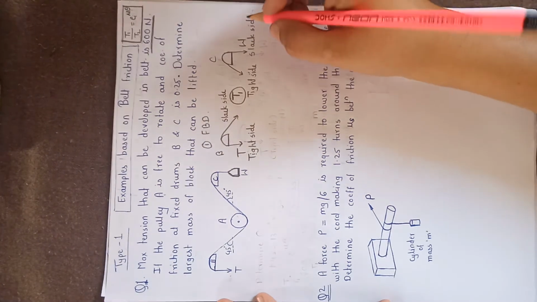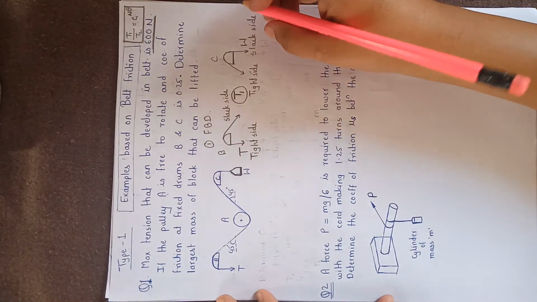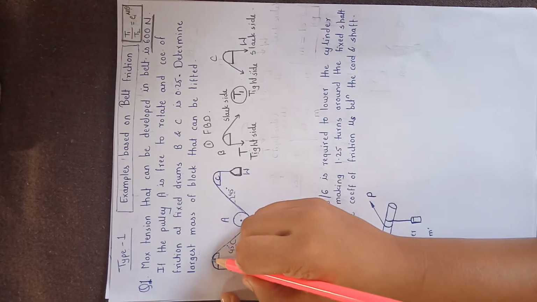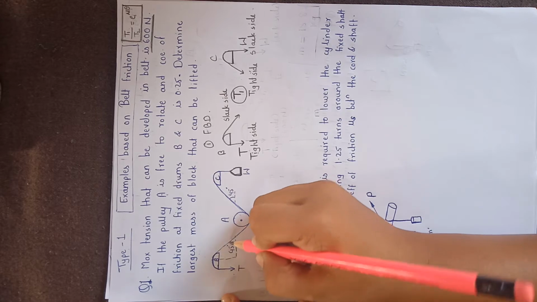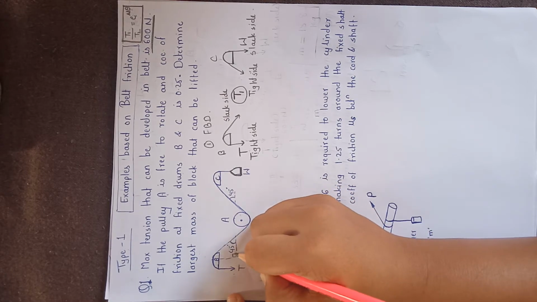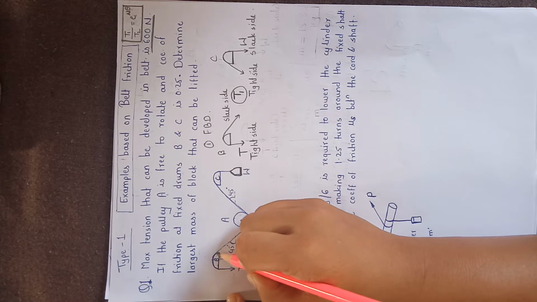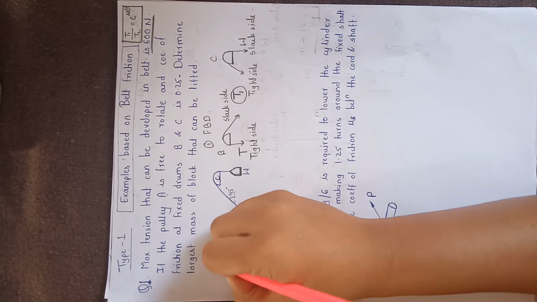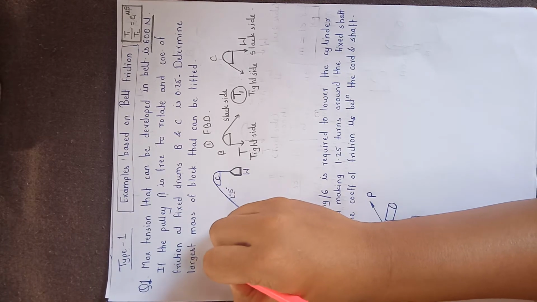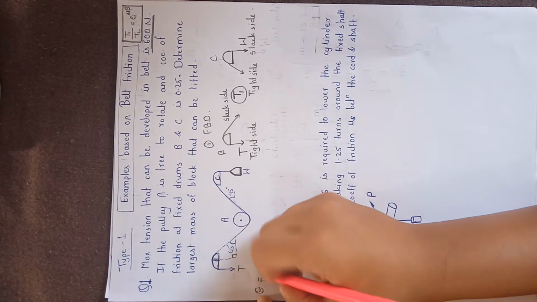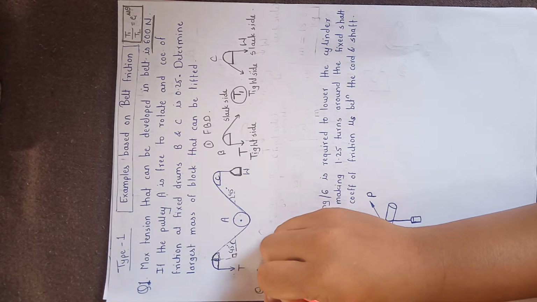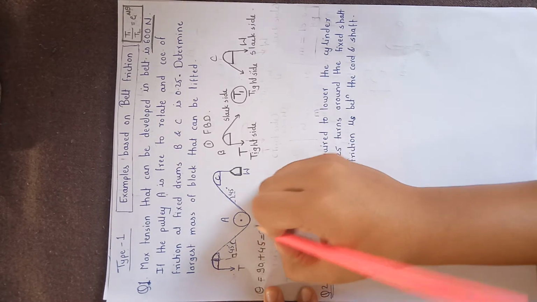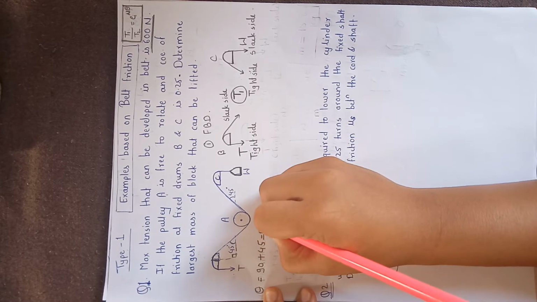So let's start the sum. First we have to decide the angle theta. We have to measure it. If we consider this as right angle triangle, this is 45 degree. If this is 90 degree, this will be the 45. So theta is equal to this 90 plus this 45, which comes 135 degree.